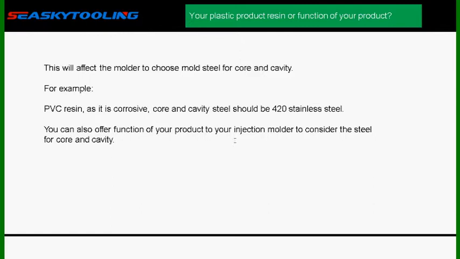For example, regarding the PVC, the resin is corrosive. Core and cavity steel should be 420 stainless steel.